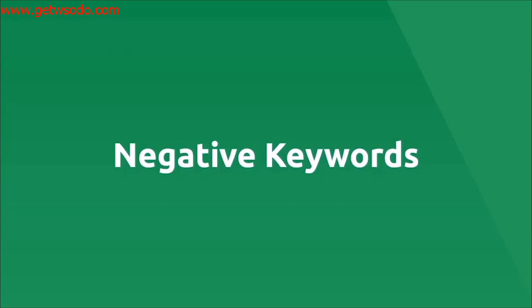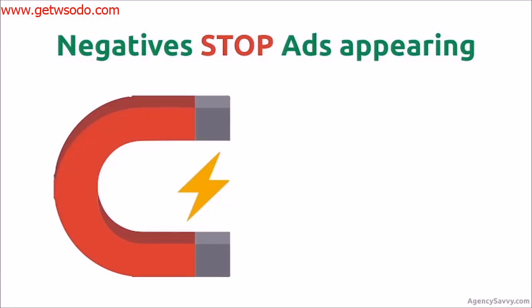Now, I mentioned negative keywords a little bit in the earlier module on keywords. I just wanted to give a couple more examples and make sure that we've got this really squared away, because using negative keywords is one of the best and fastest ways to improve any AdWords account. And as I mentioned before, negatives stop your ads appearing for certain terms.